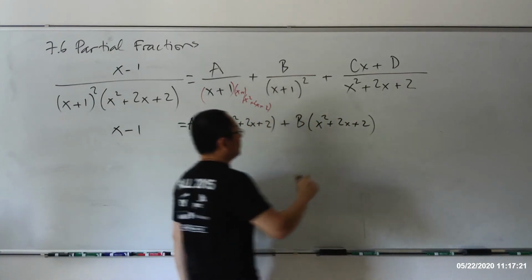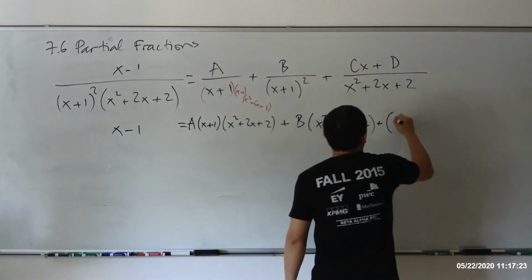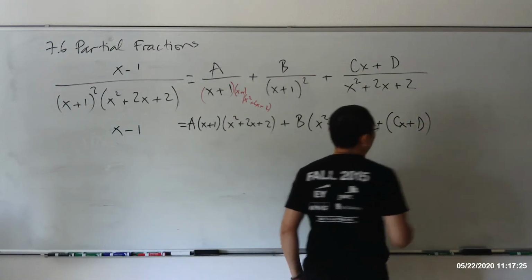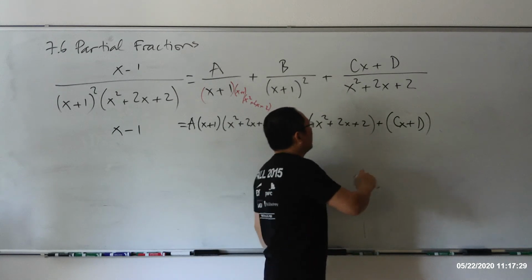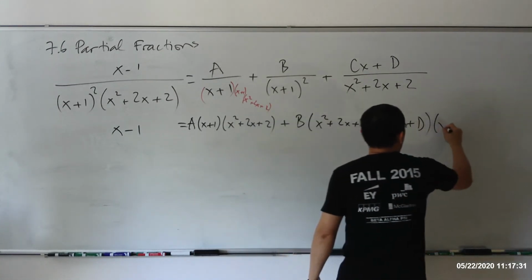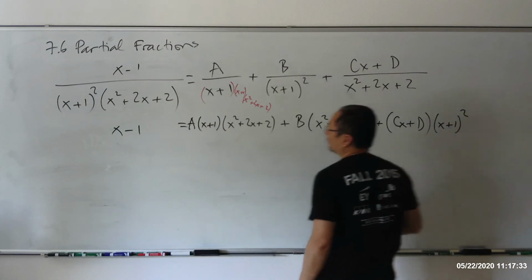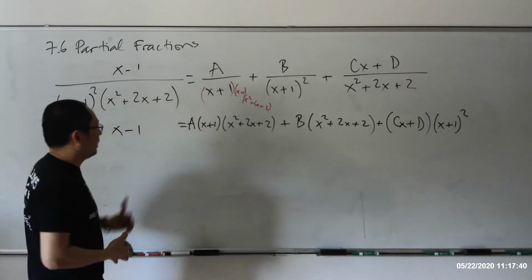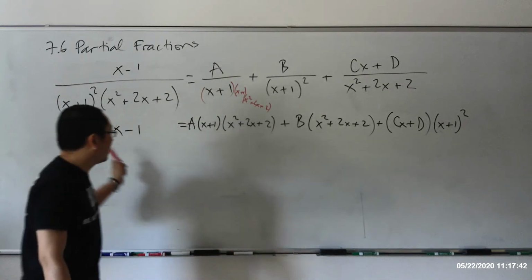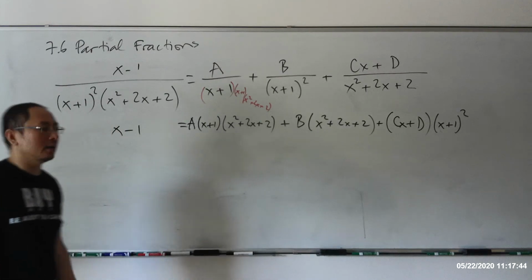And for the c and d term right here, cx plus d, by the way, you have to write the whole numerator in parentheses, okay? And then multiply back by x plus 1 squared. So this is the equation for the numerator on the left, and then it goes to the numerator on the right.